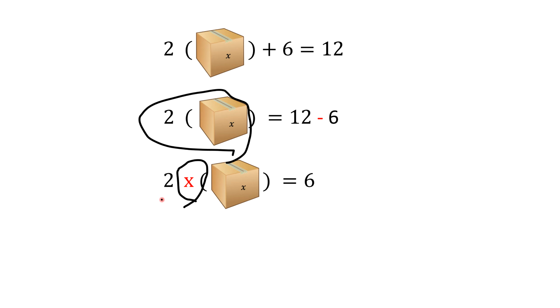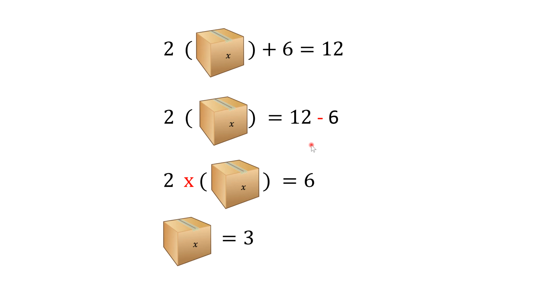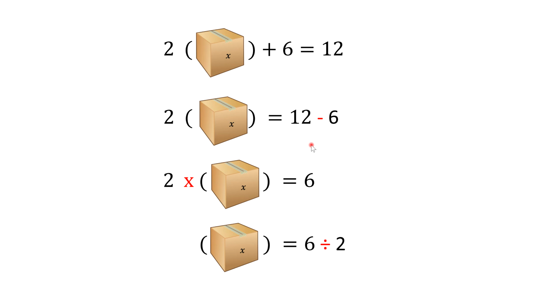So what I'm going to do is take this 2 to this side and do the opposite operation, which is in this case division. So if I do that, I get 3, or I can write it this way: 6 divided by 2 is the number of apples in box x, which I can write also with the fraction line, and I get 3.